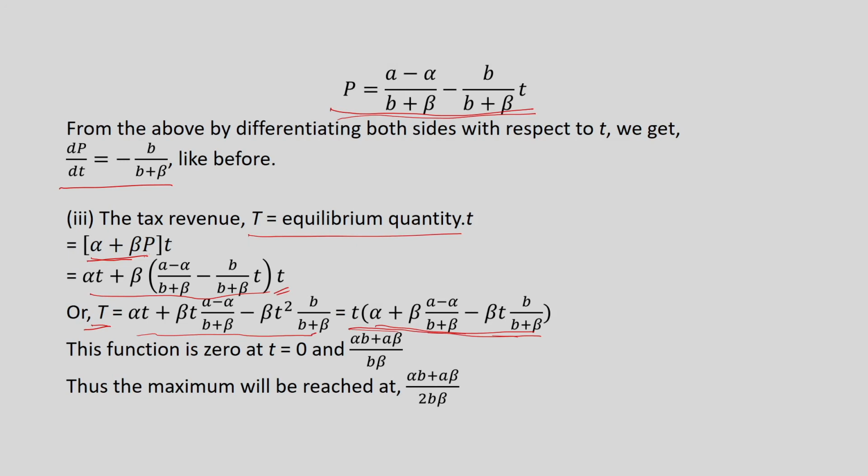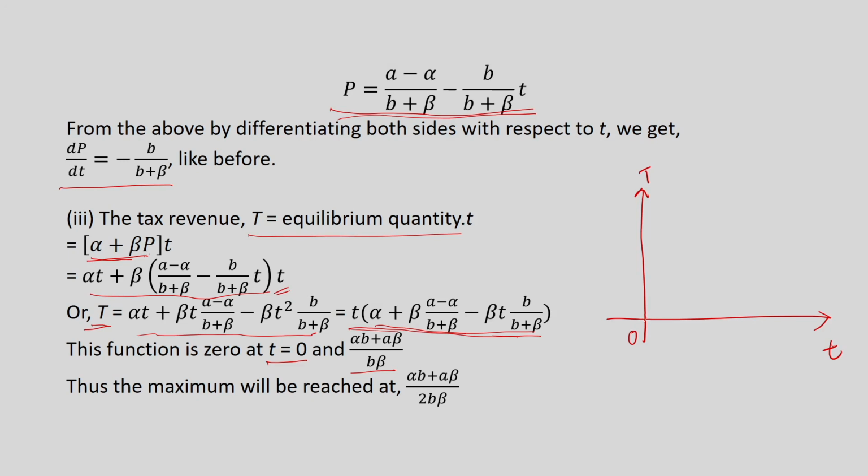Now, if you look at this function, it attains the value of 0 at 2 points: at t equal to 0 and at t equal to this expression. So, it is like this. On the x axis you have the small t, which is the tax rate, and on the y axis you have the total tax revenue.